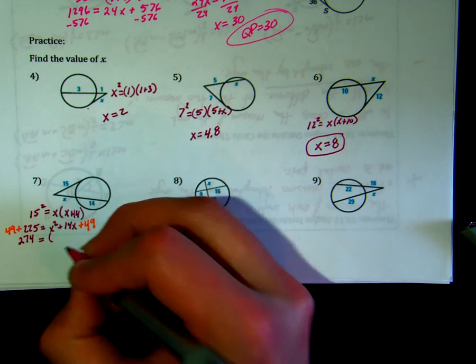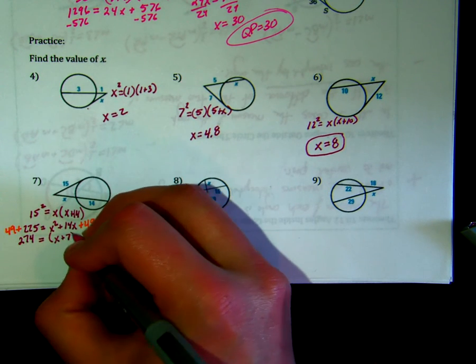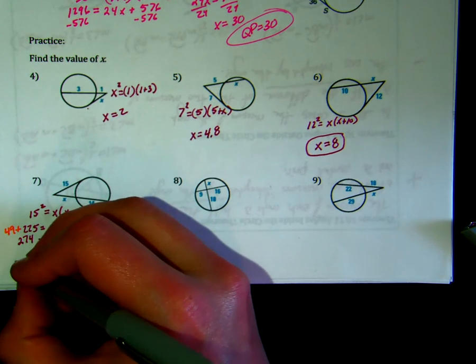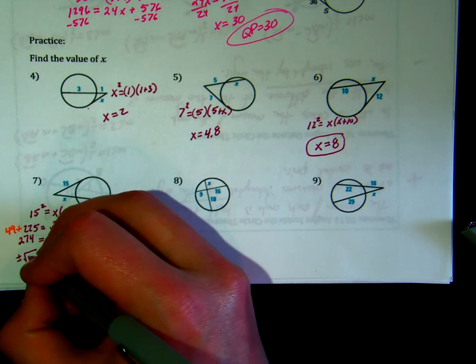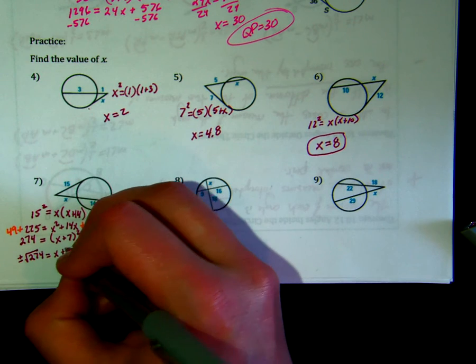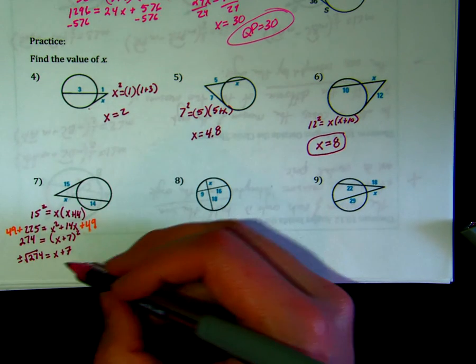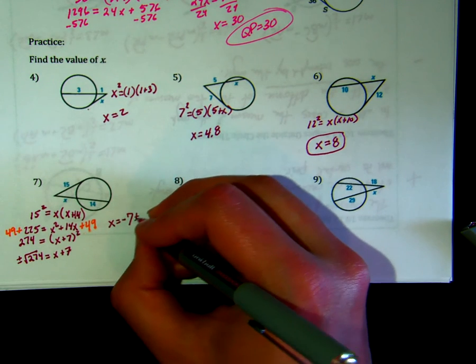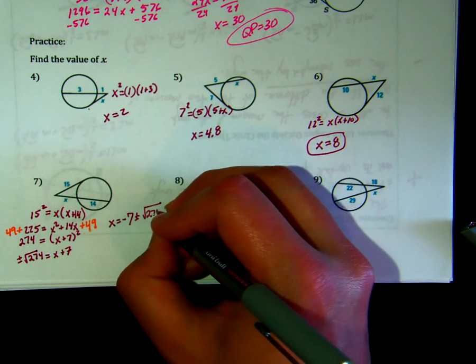And that makes this factorable as x plus 7 squared. So it completes the square into the perfect square of x plus 7 squared. So when I take the square root, I get plus or minus the square root of 274 is equal to x plus 7. So I can solve this by subtracting 7. So that gives me negative 7 plus or minus the square root of 274.